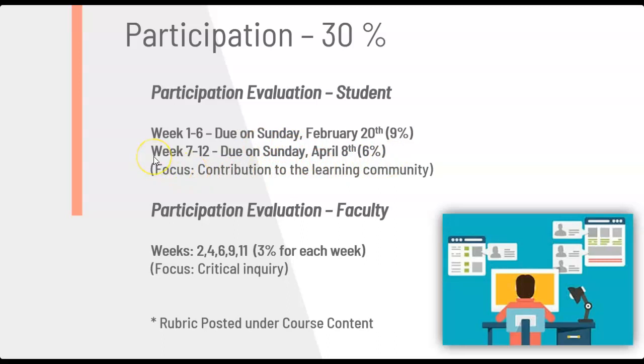You're going to evaluate your participation from week 7 to 12 using the same rubric, for the final. The rubrics are posted on the course content for you to review.